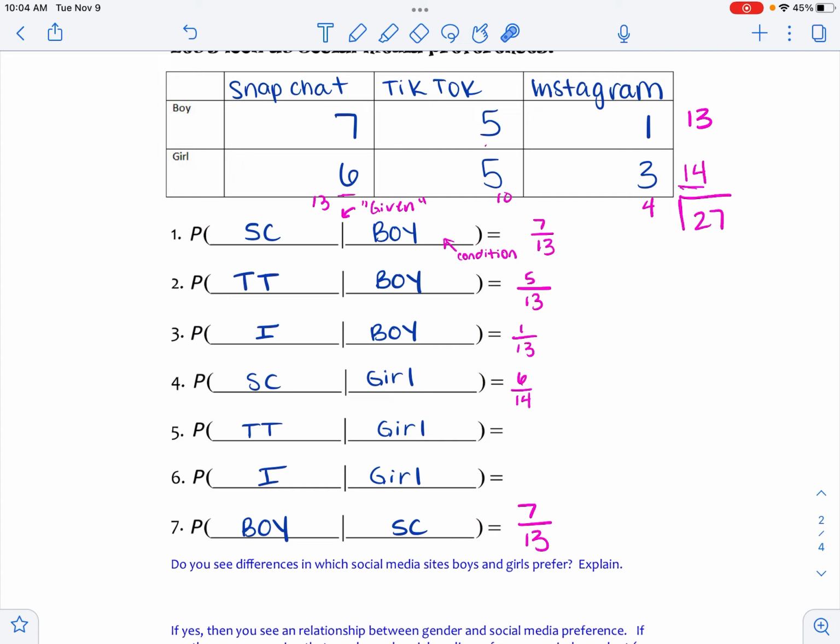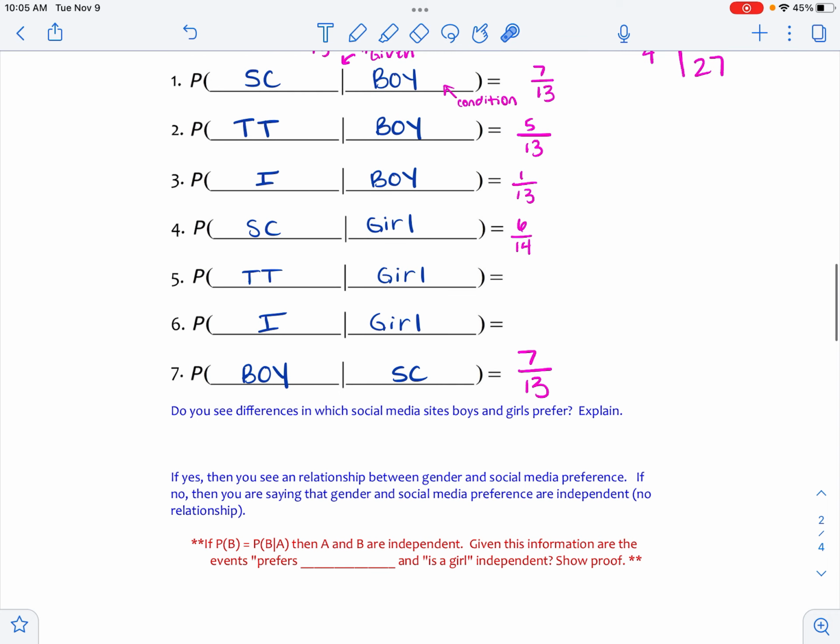Maybe you could say 1 more boy likes Snapchat than girls and 2 more girls like Instagram than boys. But is it a very large difference between them? Maybe not. We can actually test, though, to see if there is a difference between social media preference and boys and girls. And we can do that using this idea right here.